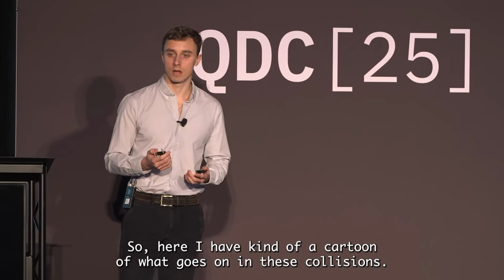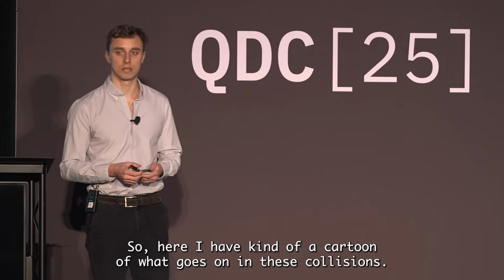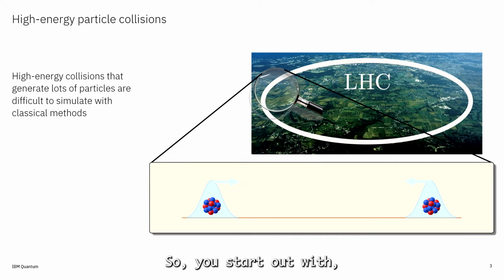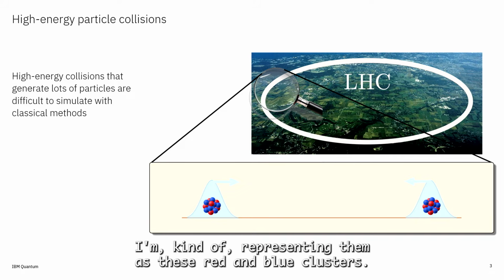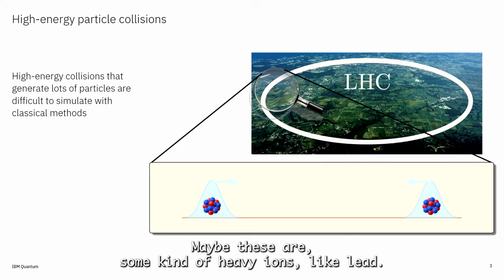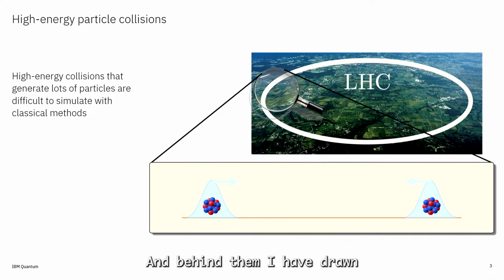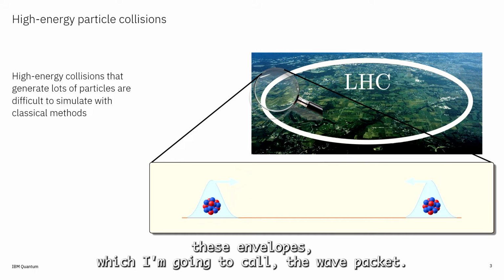Here I have a cartoon of what goes on in these collisions. You start out with two particles that are traveling very fast towards each other. Here I'm representing them as these red and blue clusters. Maybe these are some kind of heavy ions like lead. And behind them I have drawn these envelopes, which I'm going to call the wave packet.